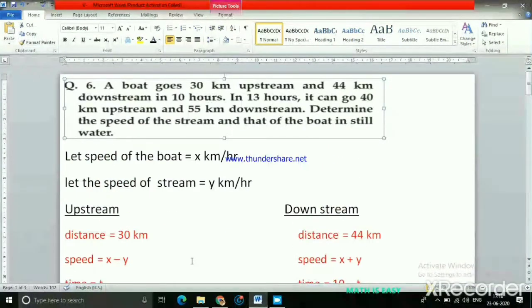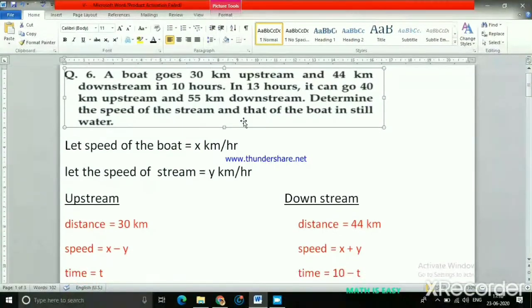Now to get equation number 2: in 13 hours, it can go 40 km upstream and 55 km downstream.